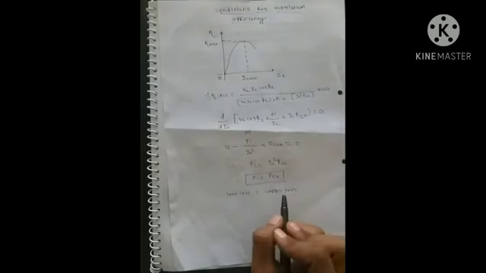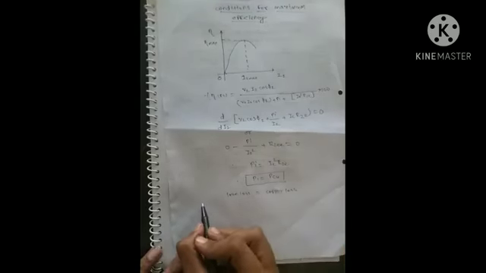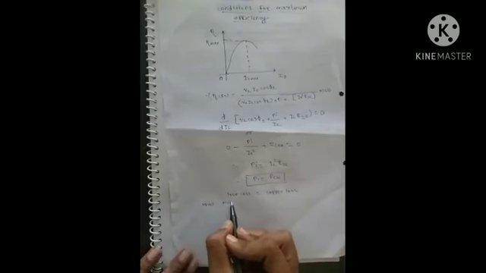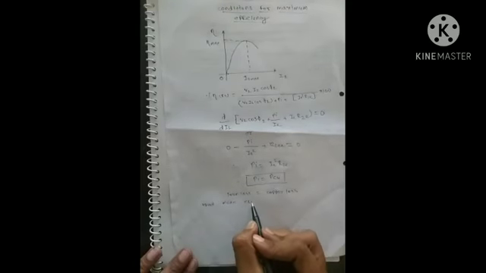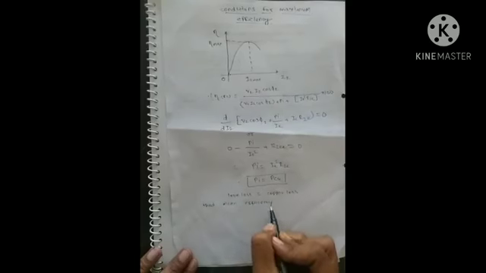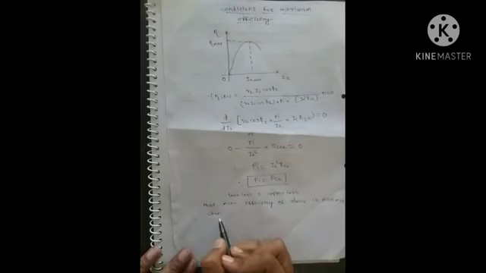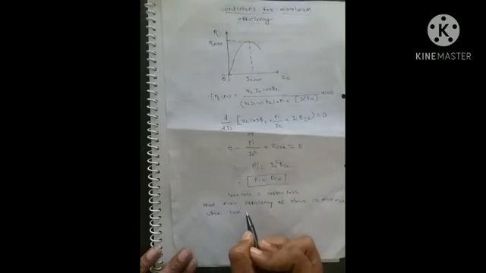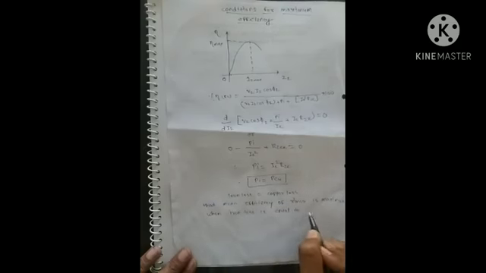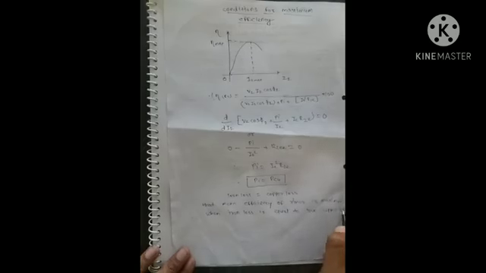That means the efficiency of a transformer is maximum when iron loss is equal to copper loss.